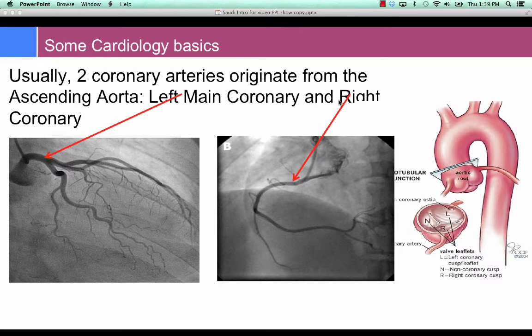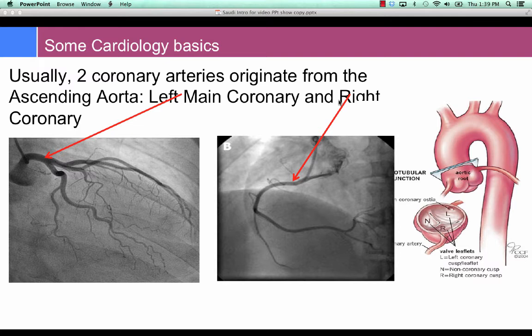The left main coronary artery and the right main coronary artery have a slightly different vocabulary. The left main is typically a vessel between 4 and 6 millimeters in diameter, and it can be very short. It can be up to several centimeters in length, but it's typically about 1 centimeter in length.